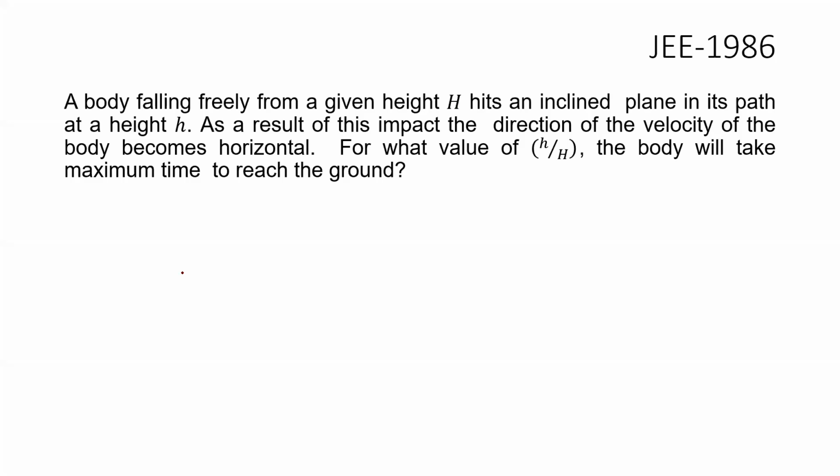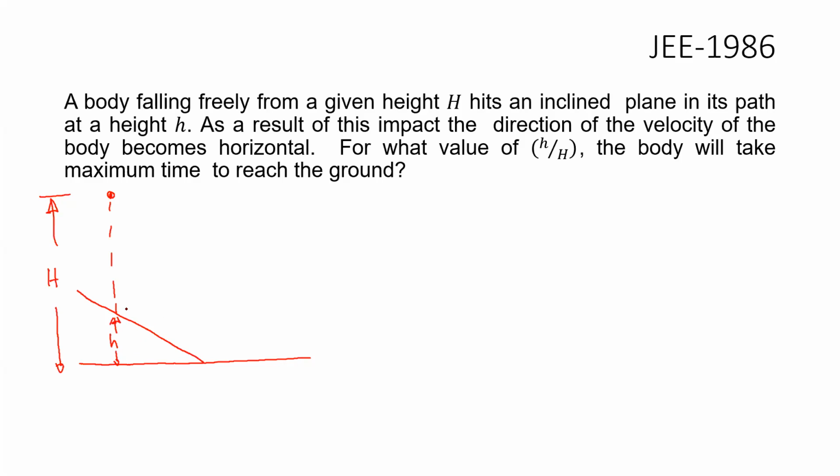Let me draw the situation so that you guys can understand. So I have the incline, and a body is falling from, let's say, this height, which is given as h, and it is hitting the incline at a height h above the ground.